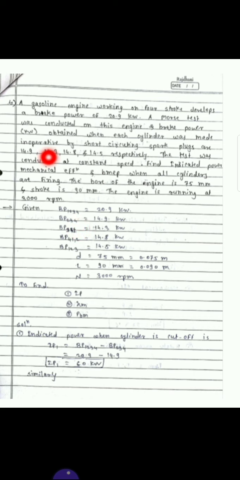Next, 14.3 is the brake power of 3, 4 and 1, meaning cylinders 3, 4, 1 are working and the second cylinder is made inoperative. Brake power is 14.3 kilowatt. Similarly, brake power of 4, 1, 2 is 14.8 and brake power of 1, 2, 3 is 14.5 kilowatt. That's why we have written here brake power of 1, 2, 3, 4: all 4 cylinders are working, 20.9 kilowatt.